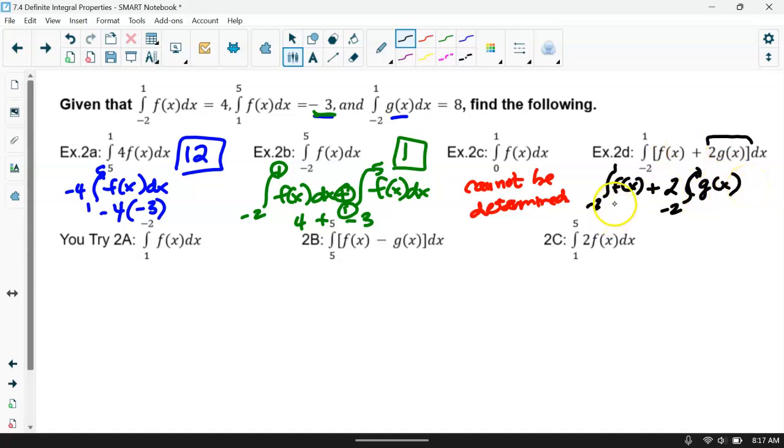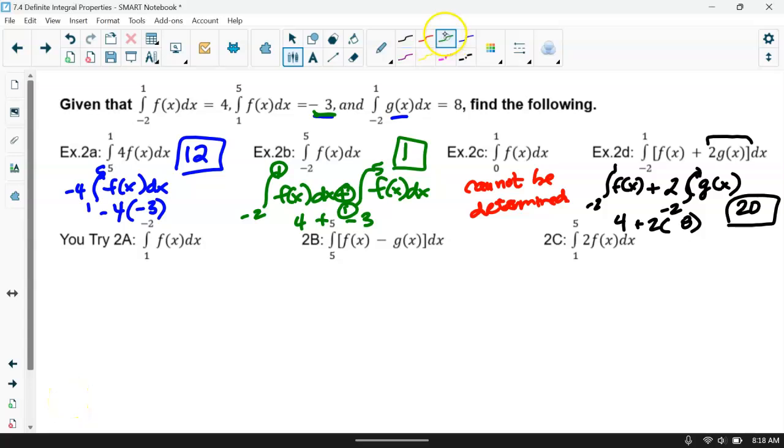No reversal, right? So here, negative 2 to 1, our area is 4, plus 2 times our area of 8. So here, 4 plus 16, which is 20. So go ahead and pause the video now and try these 3 here on your own.